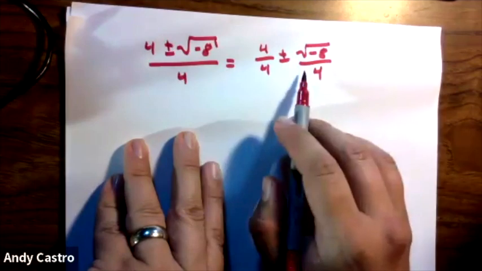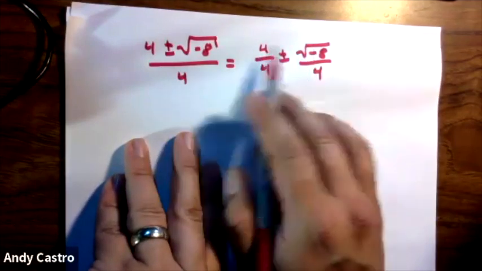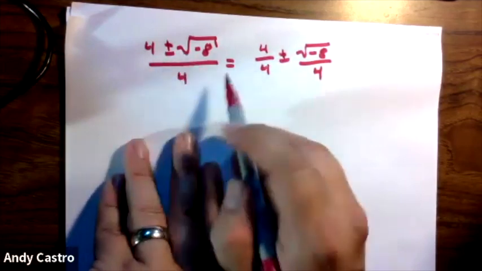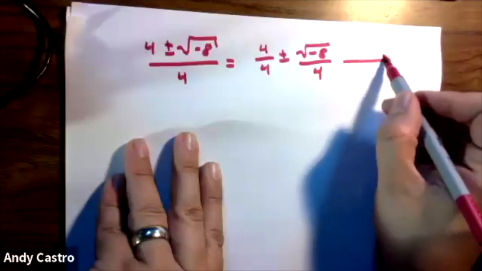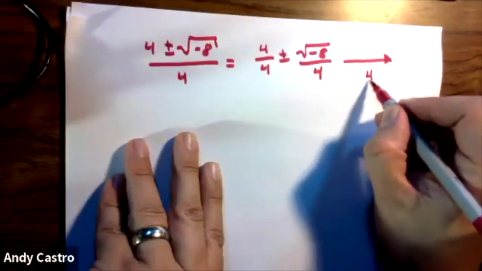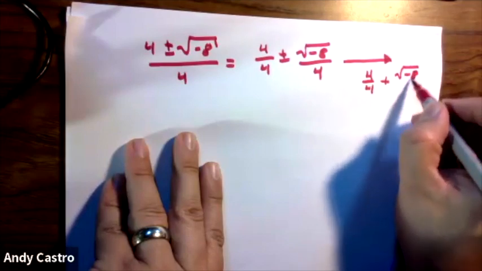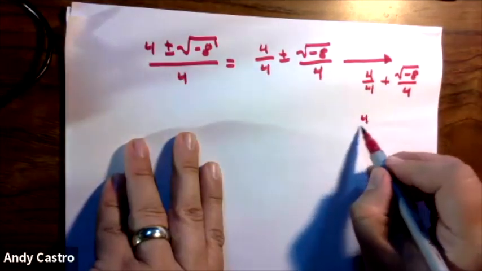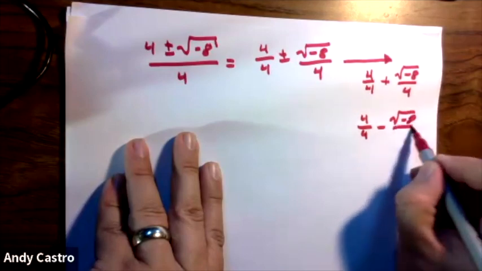These are common denominators, therefore they carry the same denominator, and then we just add or subtract the top. Okay, so I'm just doing that in reverse. So there's two answers here. The first is 4 over 4 plus square root of -8 over 4, and 4 over 4 minus the square root of -8 over 4.